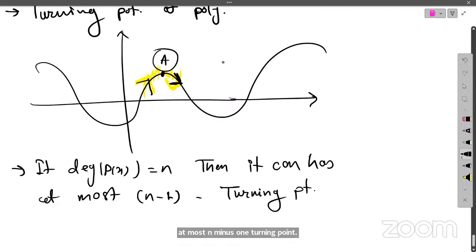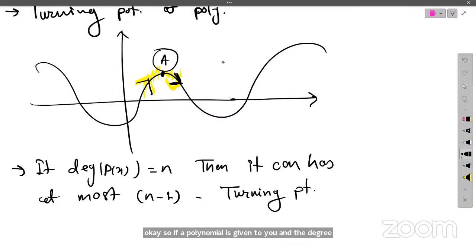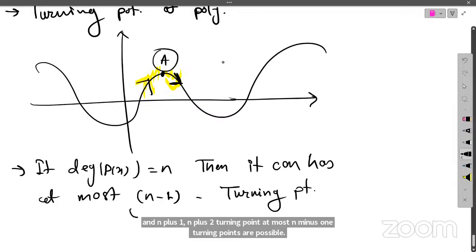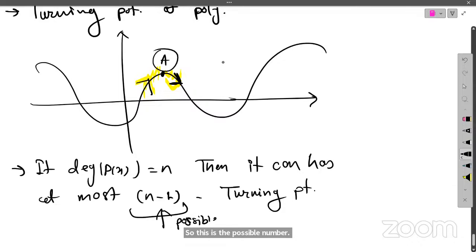So if a polynomial is given to you and its degree is n, you can surely say that this polynomial will have at most n minus 1 turning points. At most means it cannot have n turning points, or n plus 1, n plus 2. At most n minus 1 turning points are possible. But isn't it only when n is even? No. This is for n even and n odd, both.